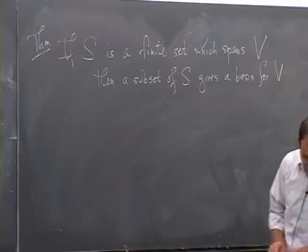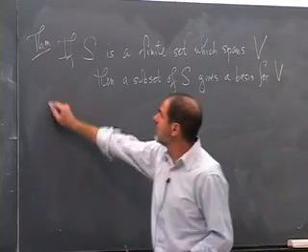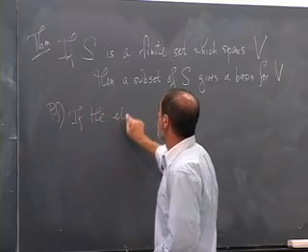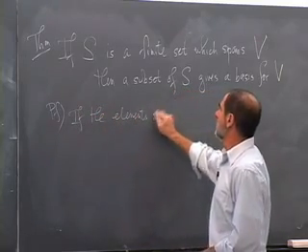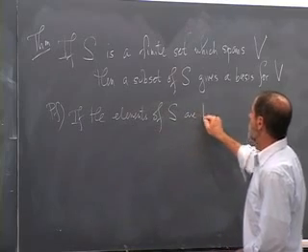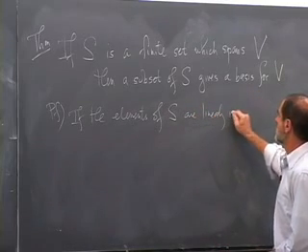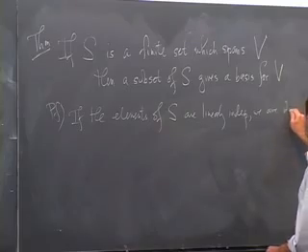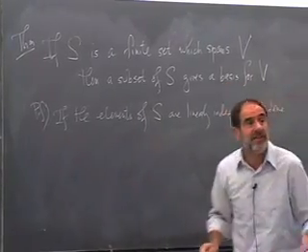Okay. So proof: if the elements of S are linearly independent, we are done, because that's the second condition you need on S to be a basis.